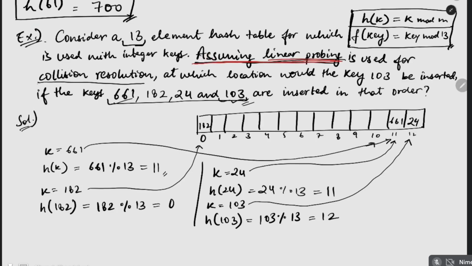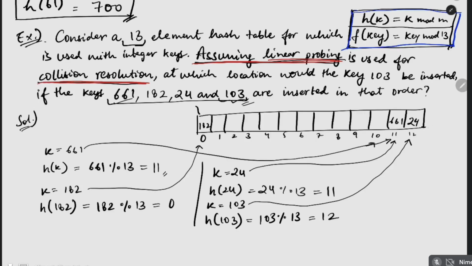In case of collision resolution, we need to do linear probing. So we go to the next available slot and check if it is empty. What is the next slot after 12? That is 0.